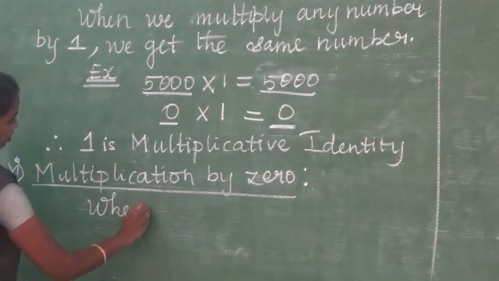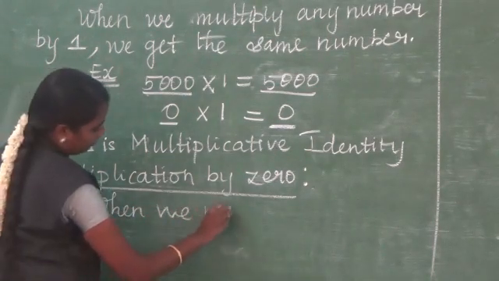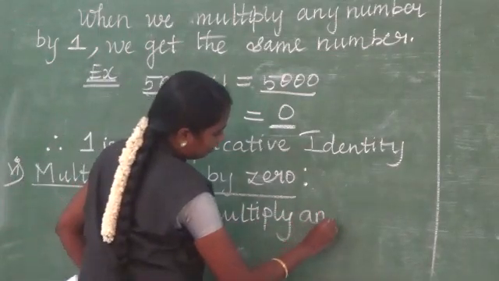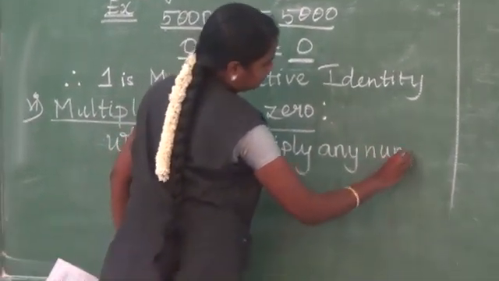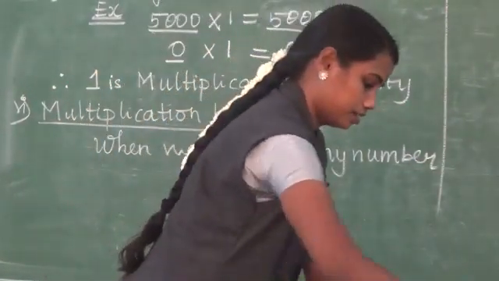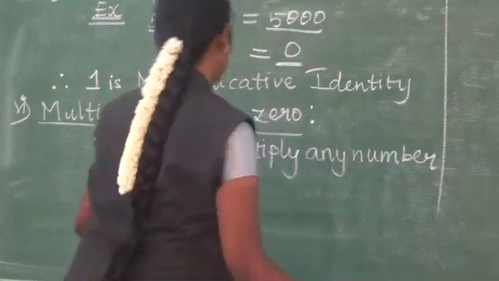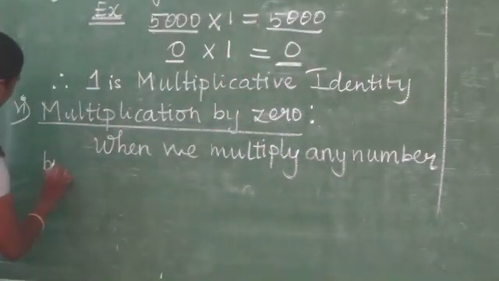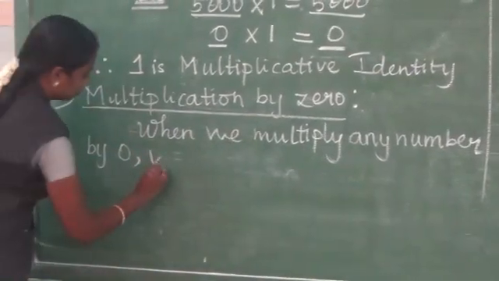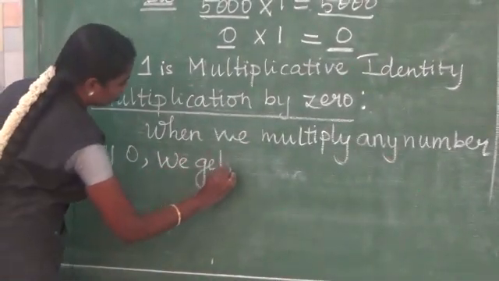When we multiply any number by 0, we get 0.